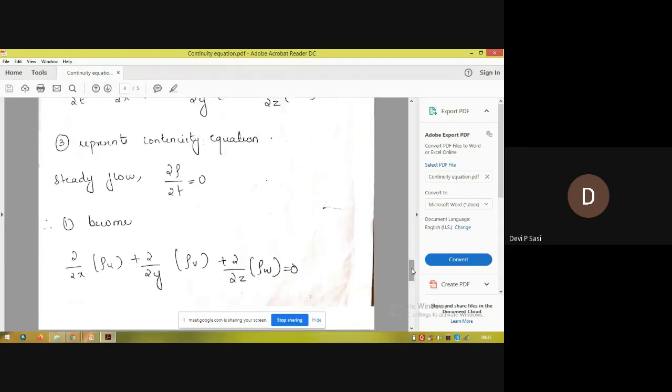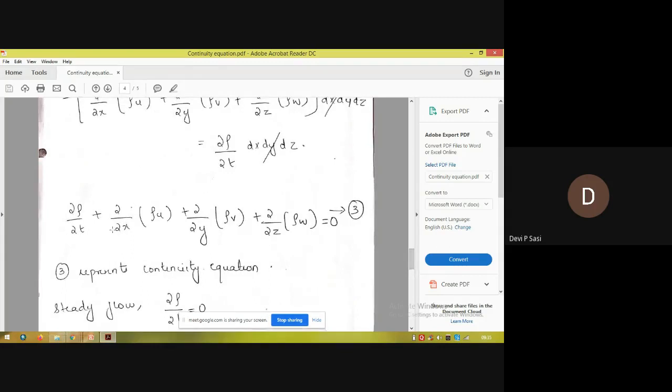Once more, finally you obtain the continuity equation as dou by dou t of rho plus dou by dou x of rho u plus dou by dou y of rho v plus dou by dou z of rho w. Okay, that is your continuity equation finally. Now, for steady flow, there is no change in density with respect to time, that is, dou rho by dou t is equal to 0.